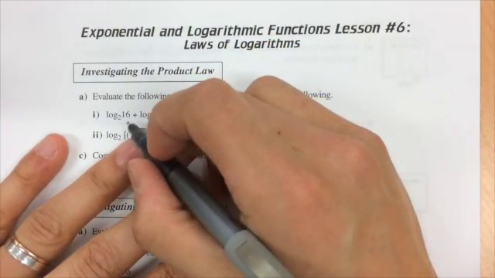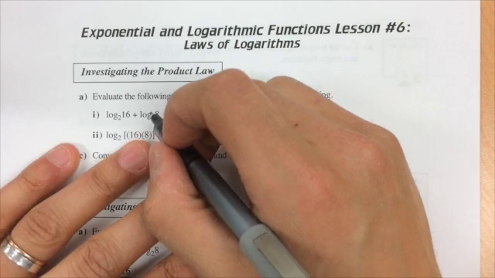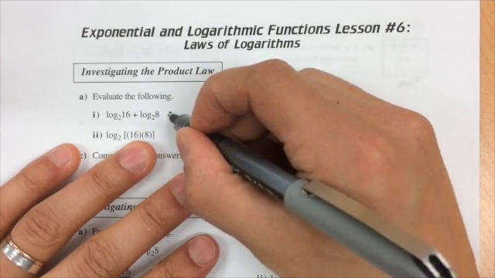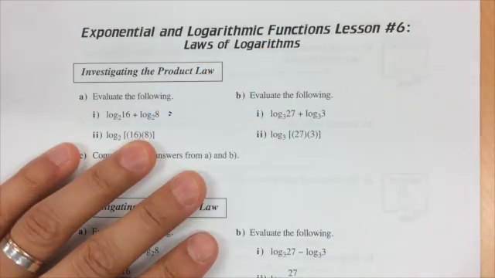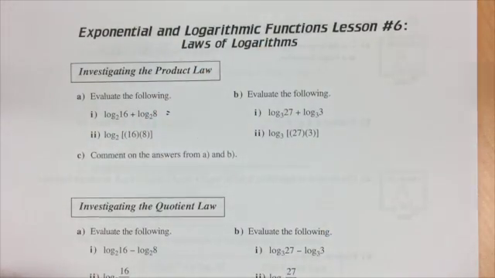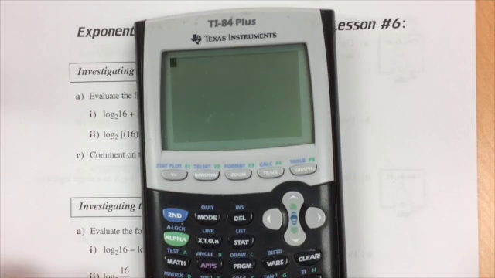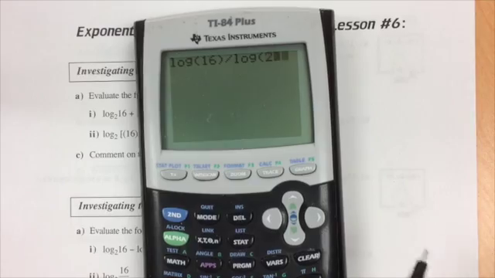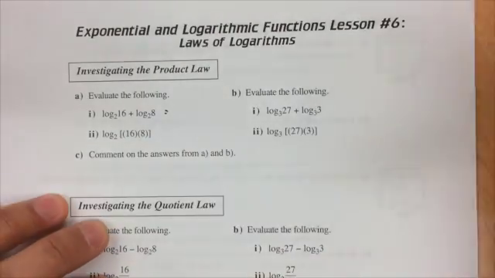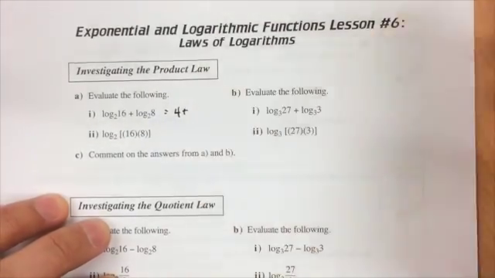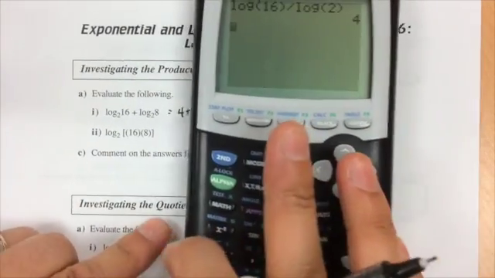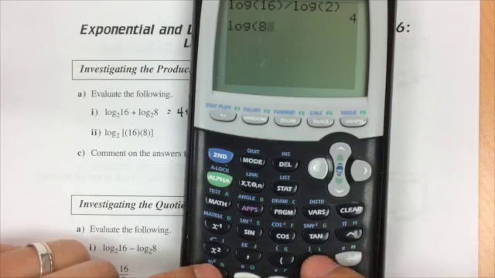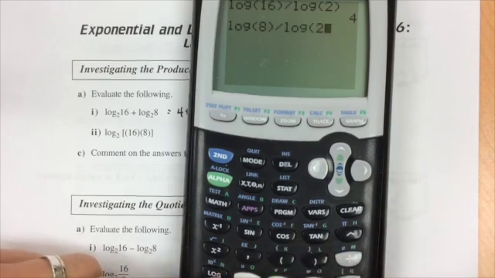Well, log 2 of 16 plus log 2 of 8, I can express these as my exponential functions, but I could also remember, I could go log 16 divided by log 2, and I get an answer of 4, plus log 8 divided by log 2.